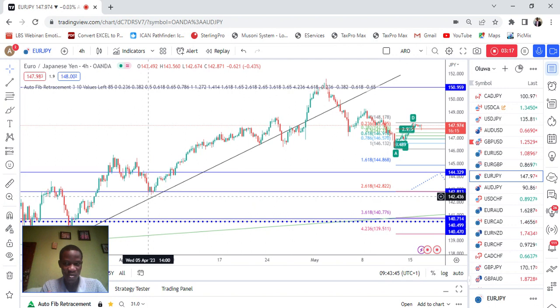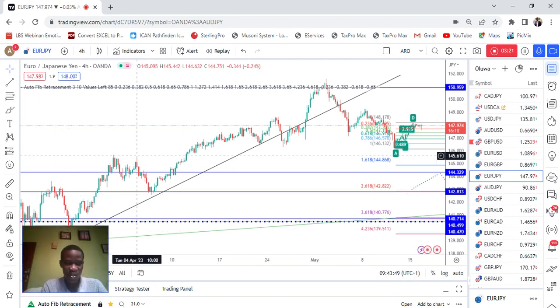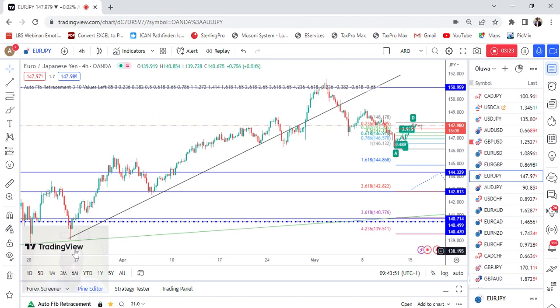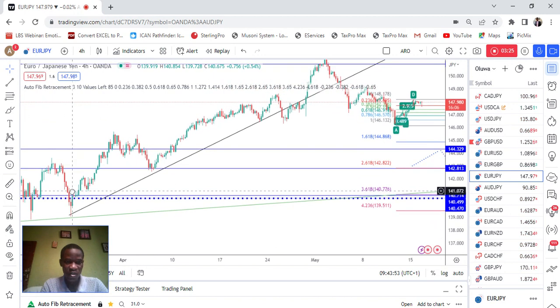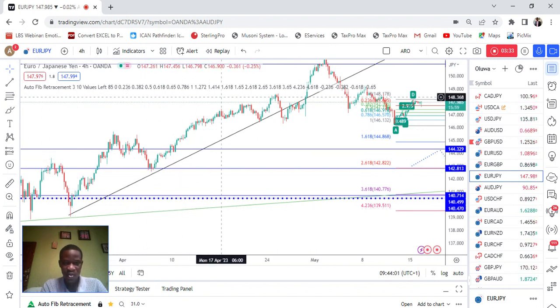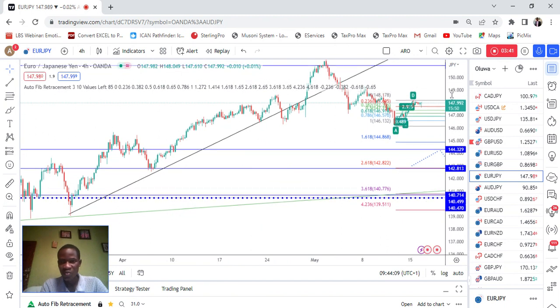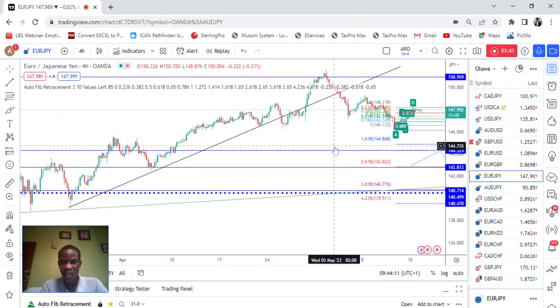Higher low, higher high, higher low, higher high. So you will see multiple higher highs and higher lows.